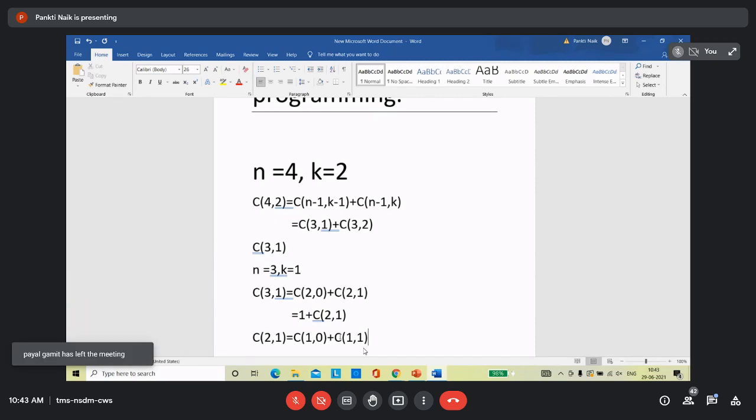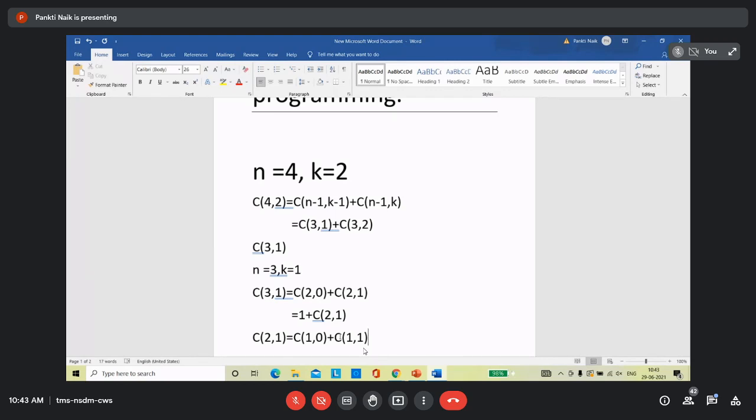Right? Does everyone understand? Yes, ma'am. Okay. Right? Do it in your notebook in parallel, then you will get a better idea. All of you solve this problem in your notebook right now. Then you will understand very easily.